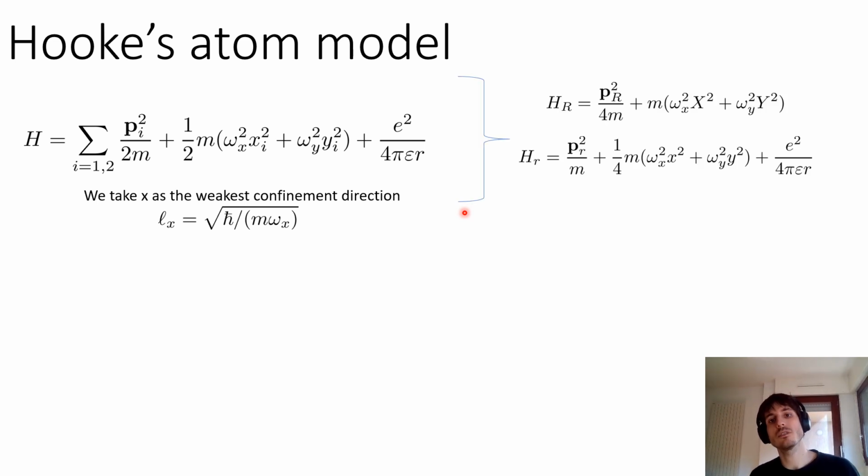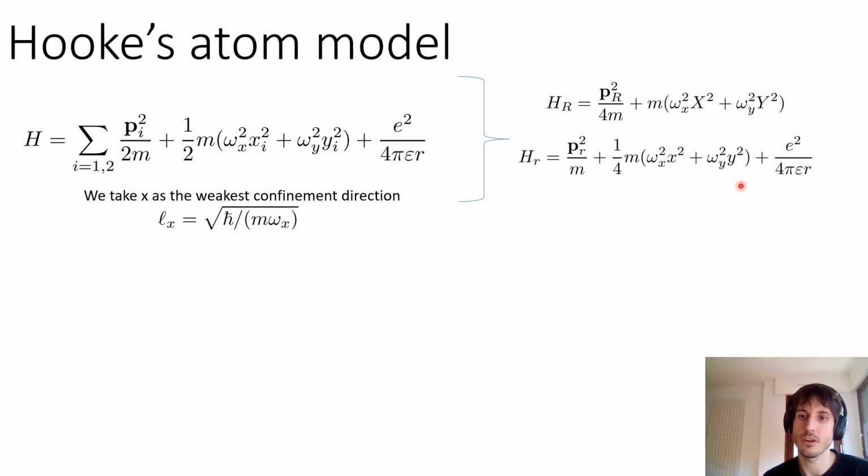And if we go to the center of mass coordinates, we can actually separate our Hamiltonian in two terms. One for the center of mass, which is basically the harmonic oscillator problem, which we all know how to solve. And we have another problem, which we will need to solve numerically for the separation of the coordinates. And so this is the problem we need to solve.